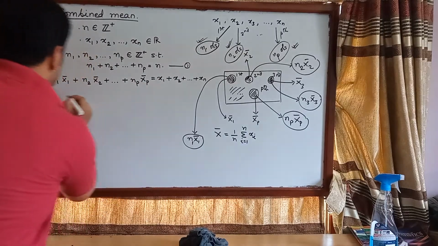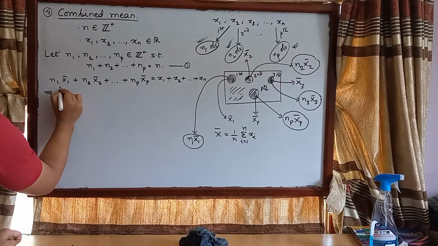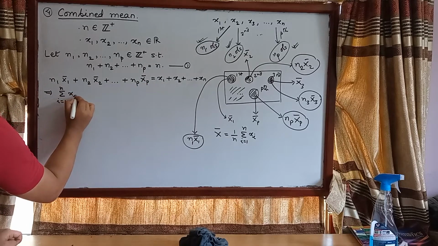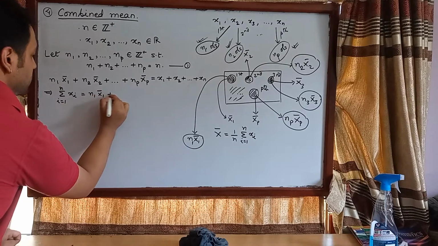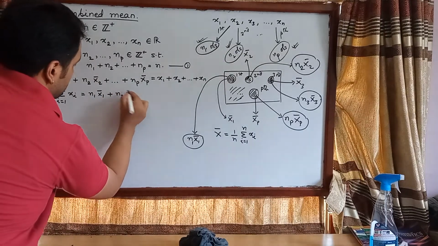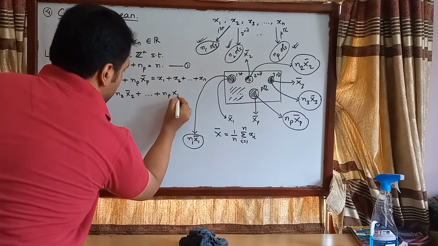So the summation of xi, i running from 1 to n, is equal to n1 x1 bar plus n2 x2 bar plus up to np xp bar.